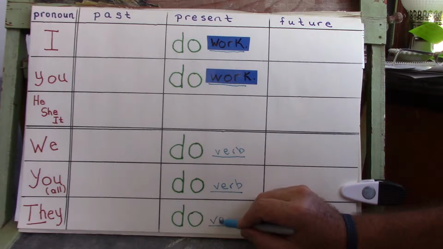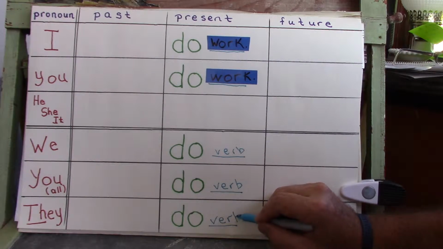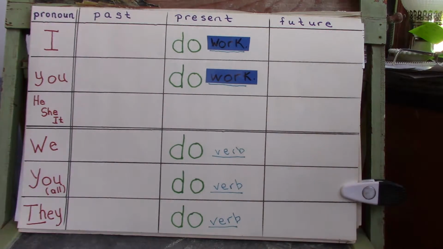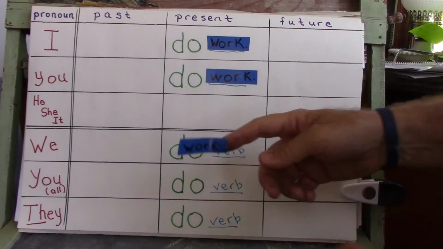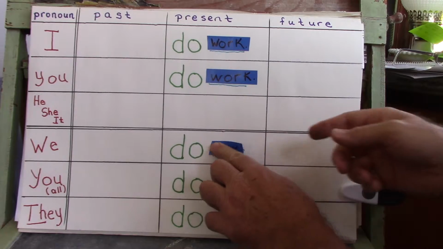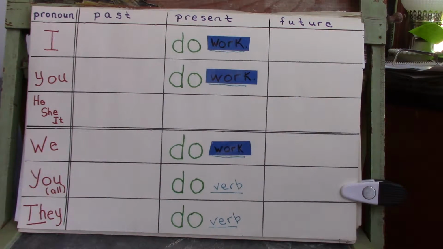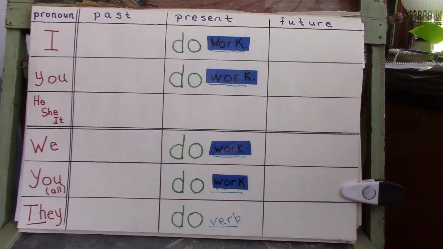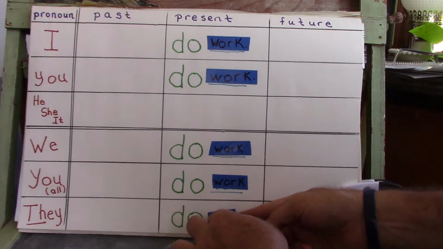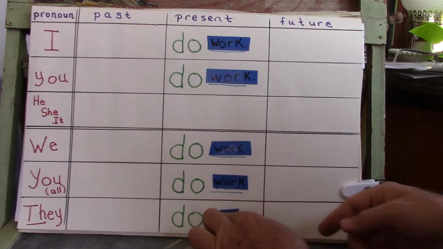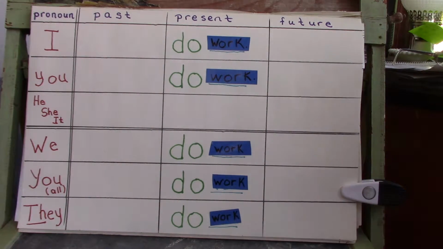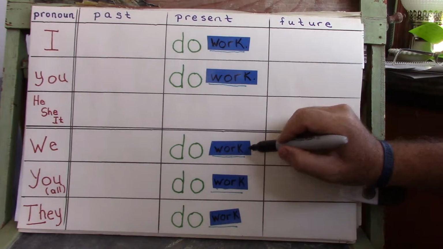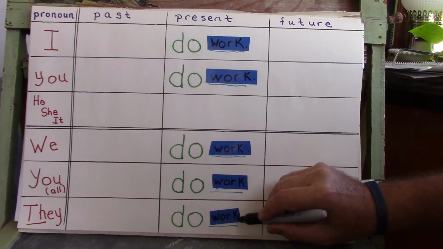And our example today is work, trabajar. So, we do work. You all do work. And they do work. Short sentences. Period, period, period.